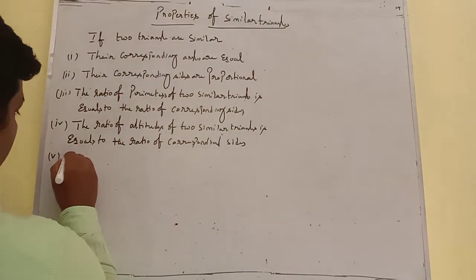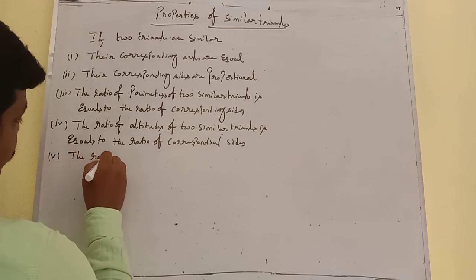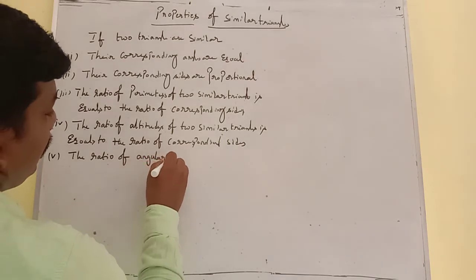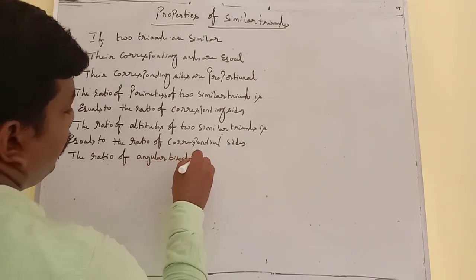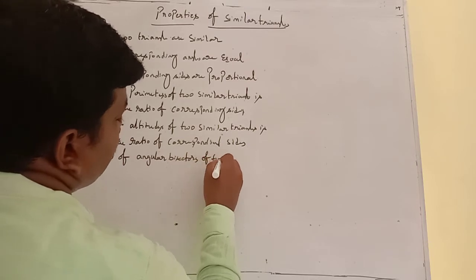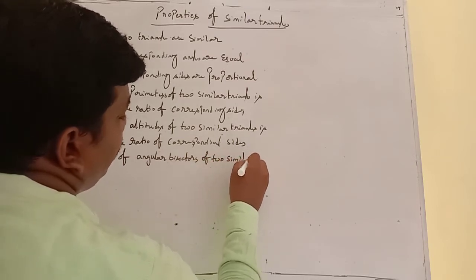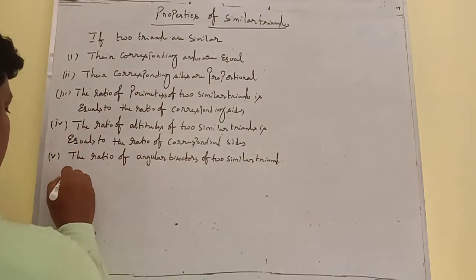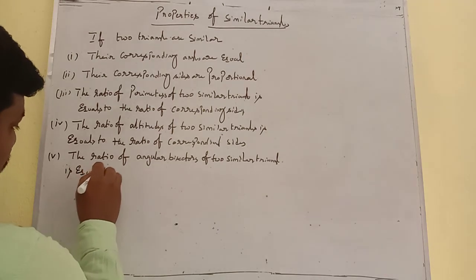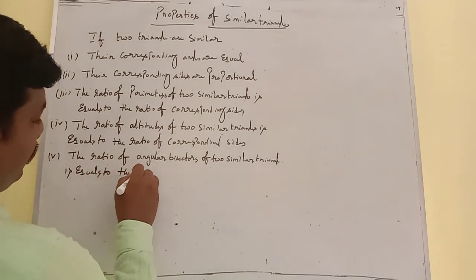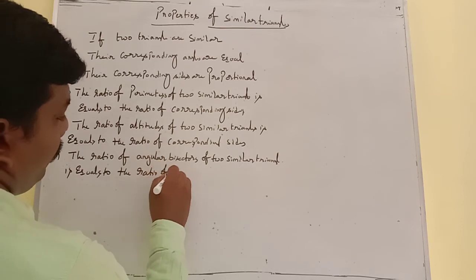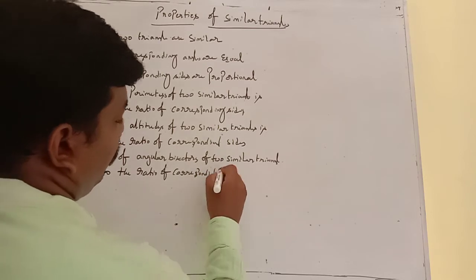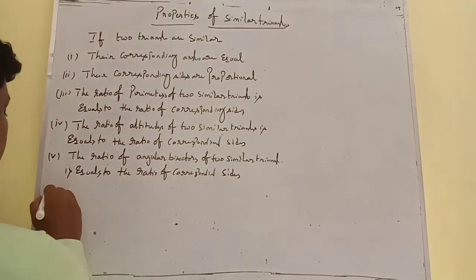Then the fifth point, the ratio of angular bisectors of two similar triangles is equal to the ratio of corresponding sides.